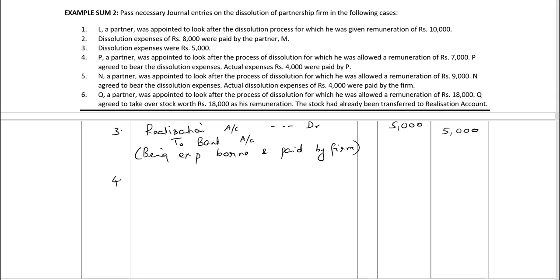Fourth question. P, a partner, was appointed to look after the process of dissolution, for which he was allowed a remuneration of rupees 7,000. P agreed to bear the dissolution expenses. Actual expenses of rupees 4,000 were paid by partner P. The journal entry for the remuneration given, realization account debit to P, capital account.